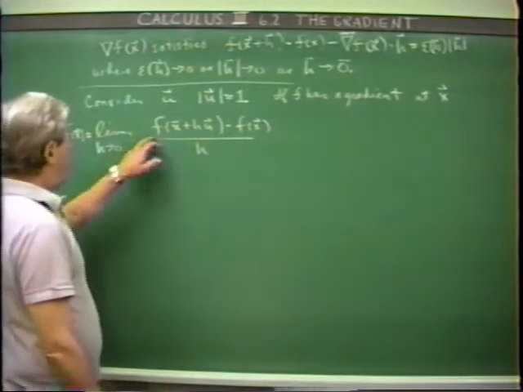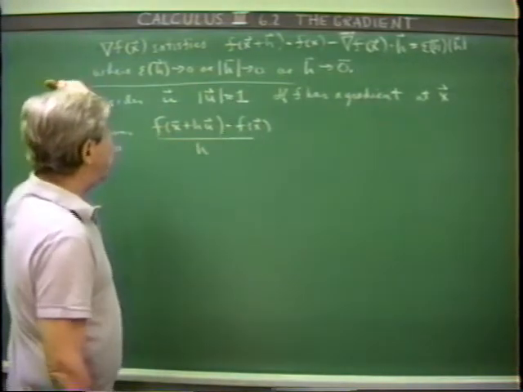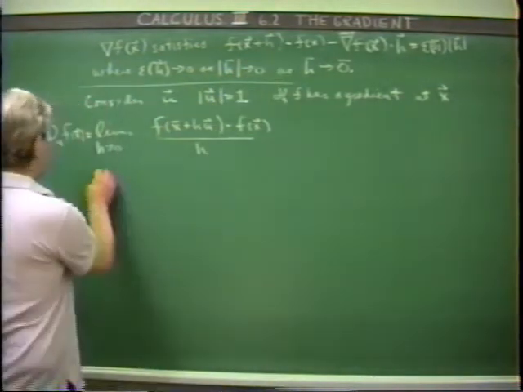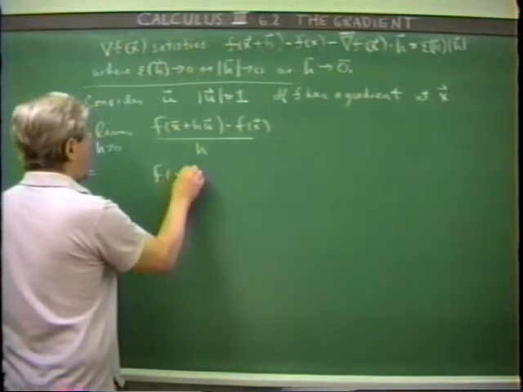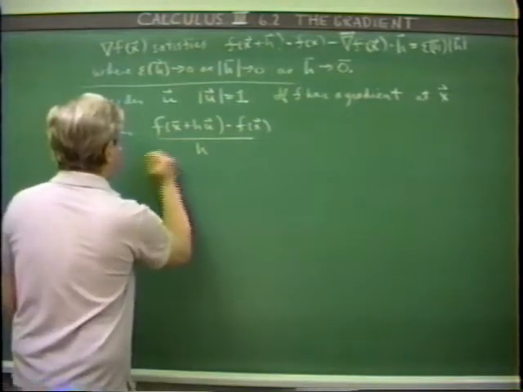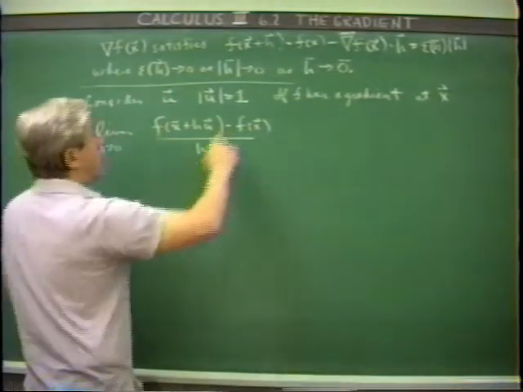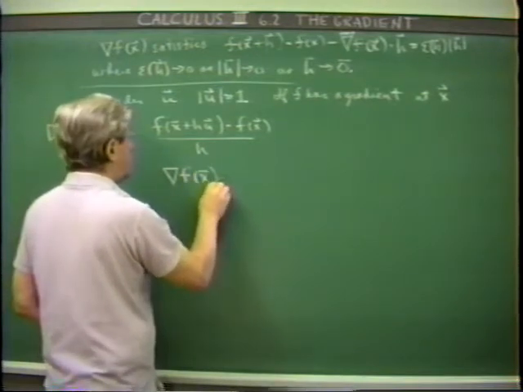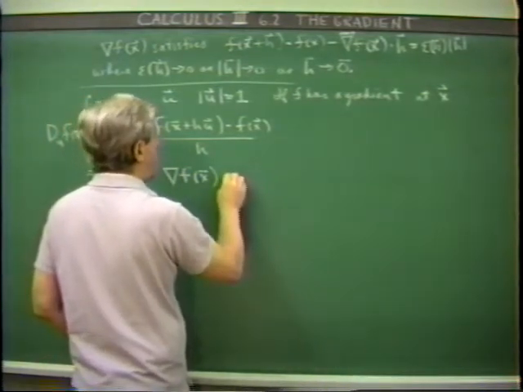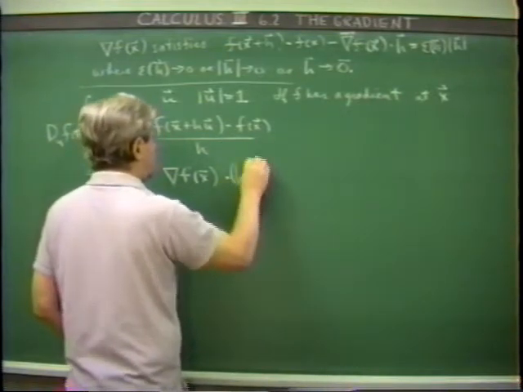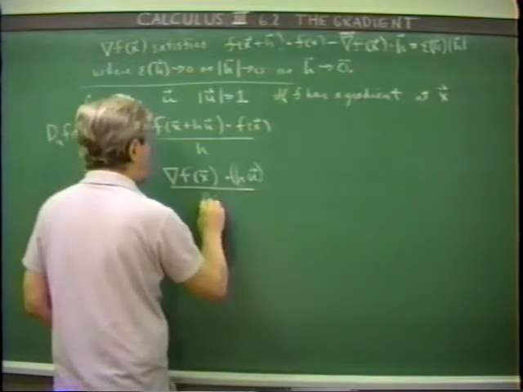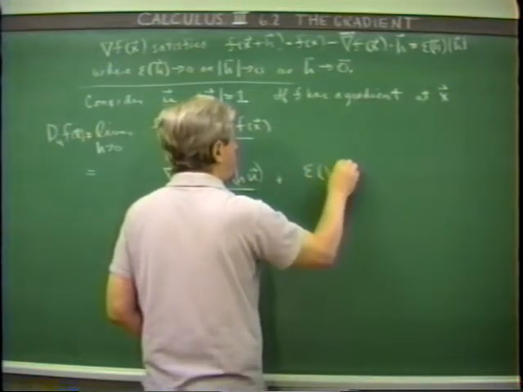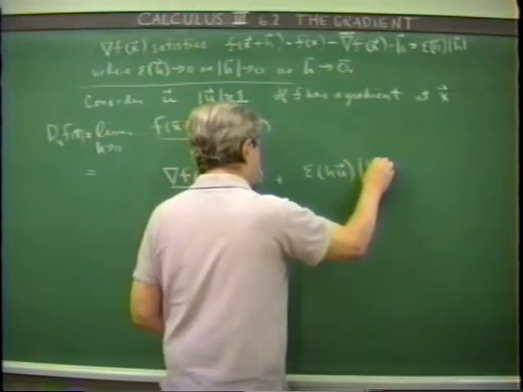Okay? Well, we've got that f of x plus hu minus f of x, since f has a gradient, if we let hu be the vector h, is going to be equal to the gradient of f at x dotted with hu, plus epsilon of hu times the magnitude of hu.